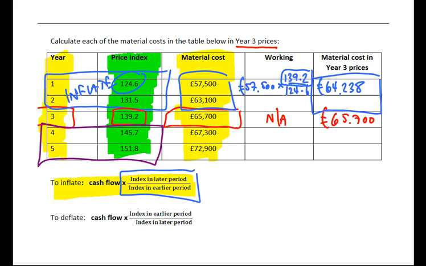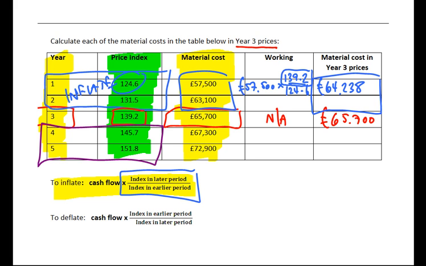But what you'll hopefully notice is I have increased or inflated the figure. We've taken 57,500 and increased it to £64,238. That's what the material costs in year 1 would have cost at year 3 prices, so incorporating that increase in the index. And you see that figure is actually then a lot closer to the year 3 material cost.